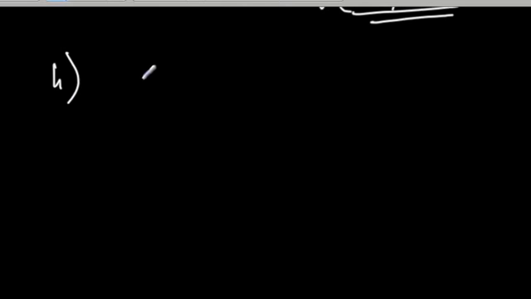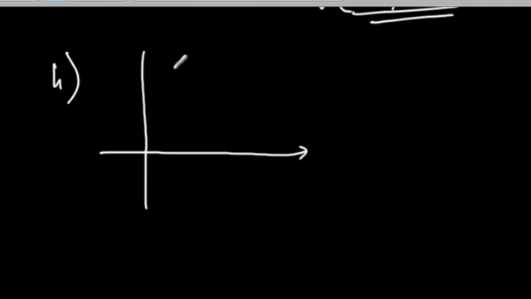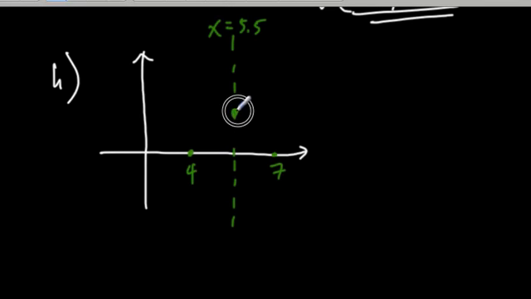So if we're going to sketch it, what we're going to do is we're going to have that there and that there. So basically, one x-coordinate is 4. The other x-coordinate is 7. We know our axis of symmetry is halfway, so x is going to be 5.5. We know that the y-coordinate of our vertex is 2.25.